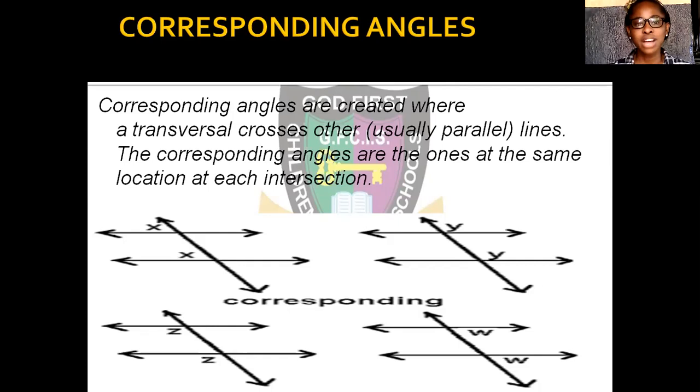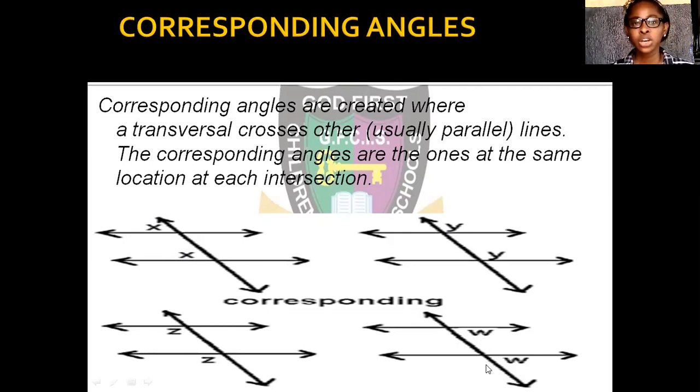On our screen we can see the angle x and x lying side by side, and they are equal. We have the other one, y, lying side by side. They are equal. We have this place z lying side by side. Look at it. They are equal. We have the other one in the same location. Look at this place, w, and this.